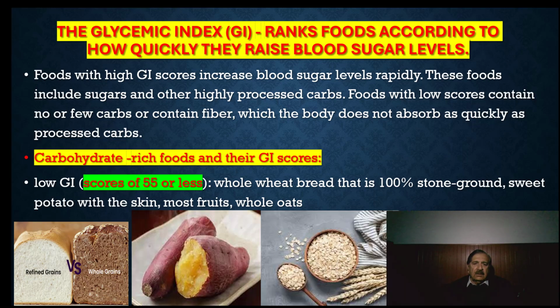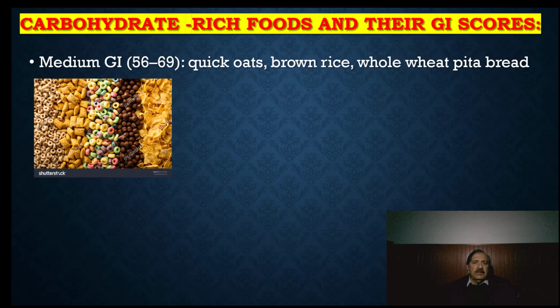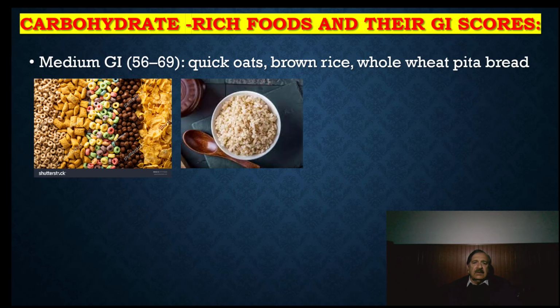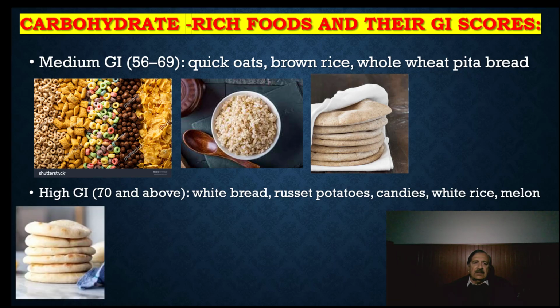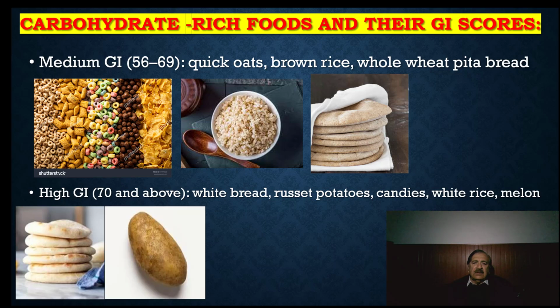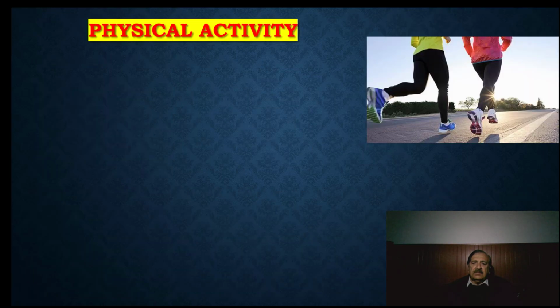Medium glycemic index, 56 to 69: quick oats, brown rice, whole wheat pita bread. High glycemic index, 70 and above: white bread, russet potato, candies, white rice and melon.